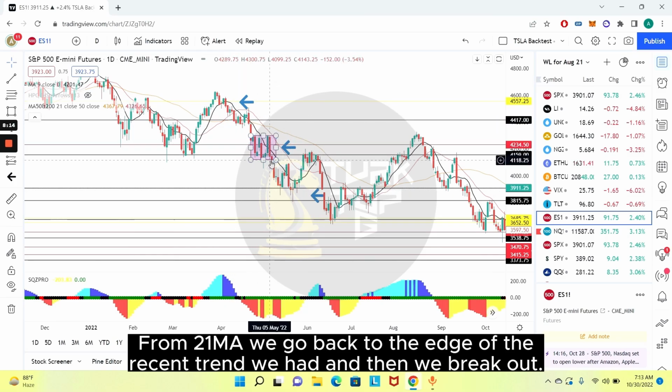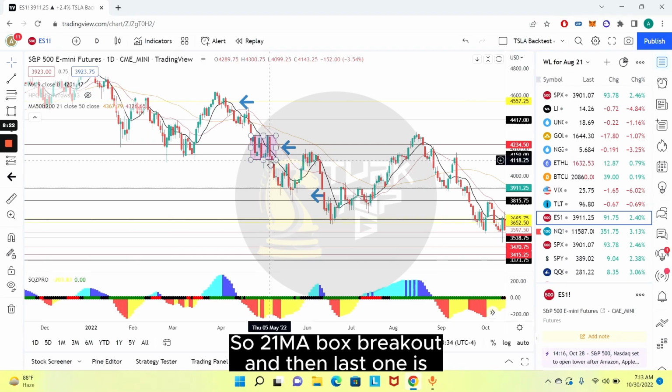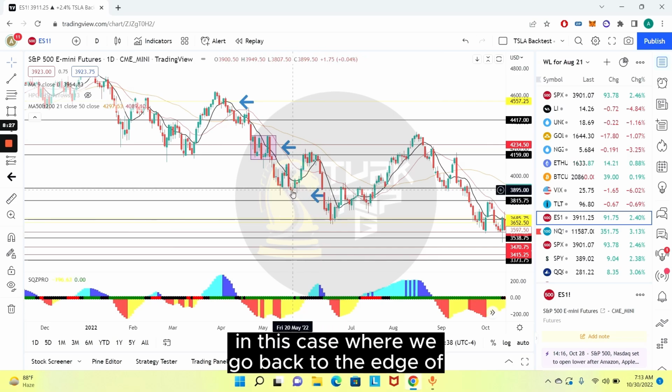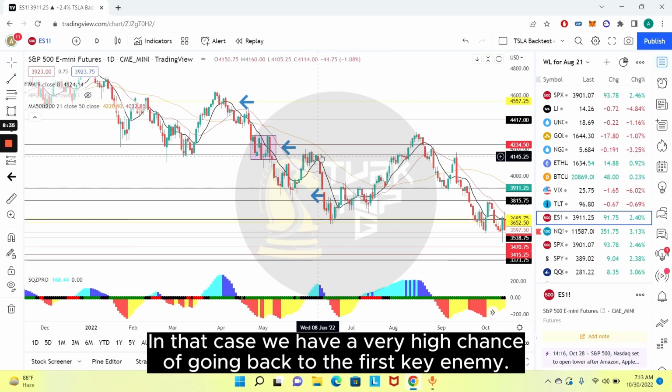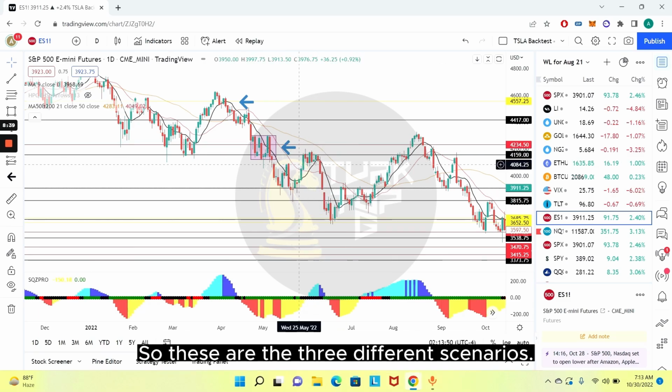Reaction from 21 MA, we go back to the edge of the recent trend we had, and then we break out. So 21 MA box breakout. And then the last one is, in this case, where we go back to the edge of the box, but the breakout fails. And that's a failed breakout. In that case, we have a very high chance of going back to the 50 MA. So these are the 3 different scenarios.